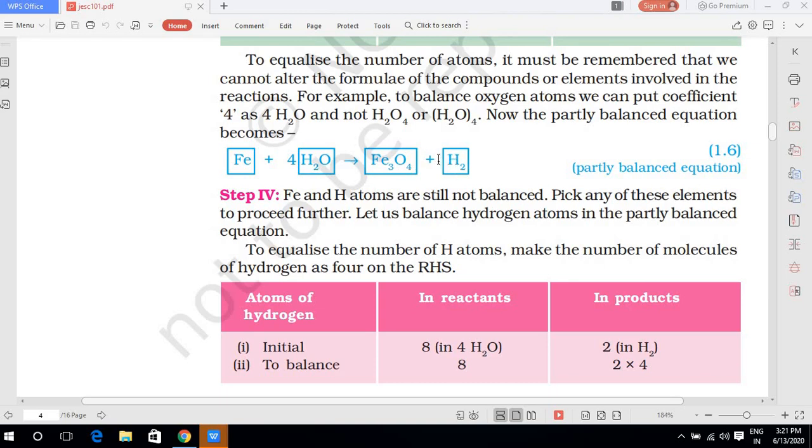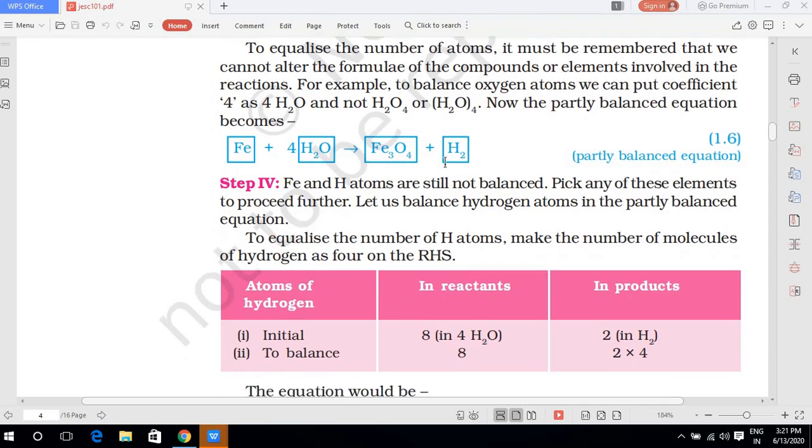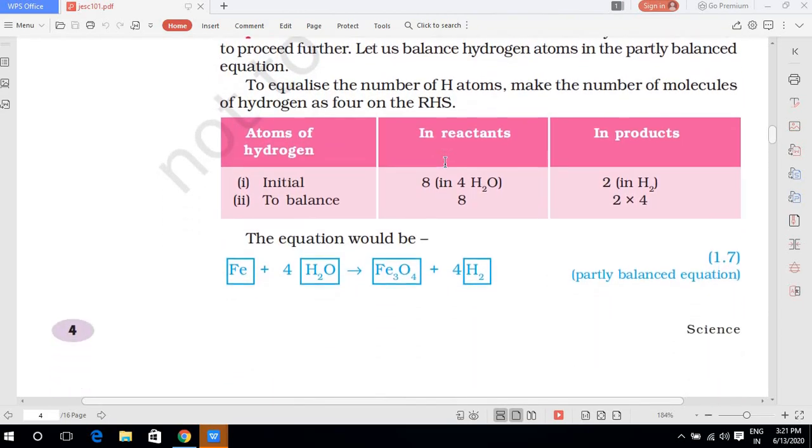So we have to put 4 here again, so that hydrogen will become 8. So now hydrogen is 8 on the right hand side, and on the left hand side hydrogen is 8. So hydrogen and oxygen are equal.